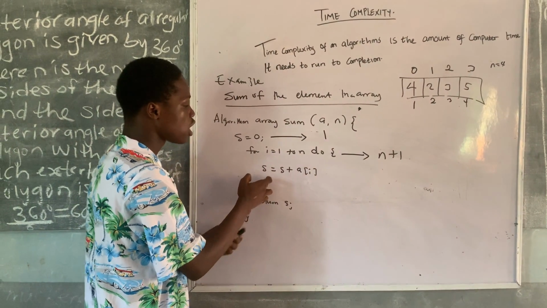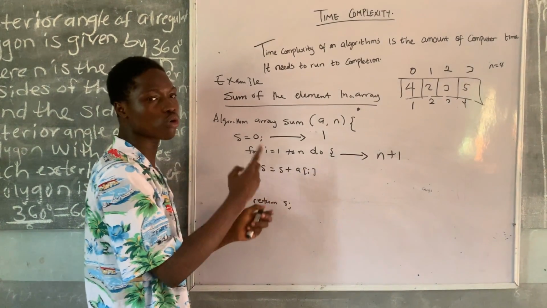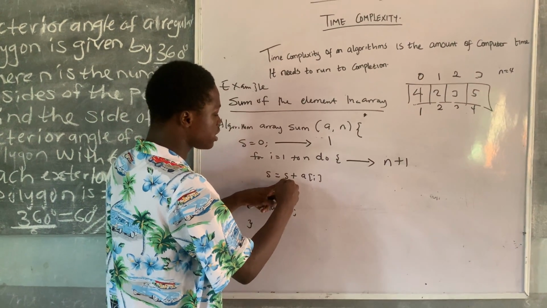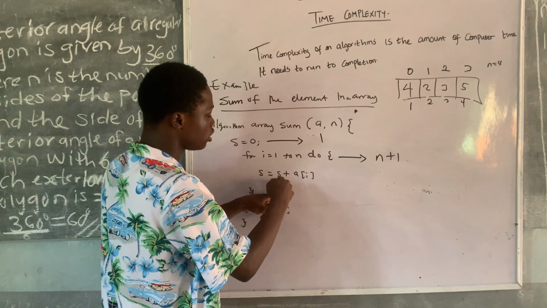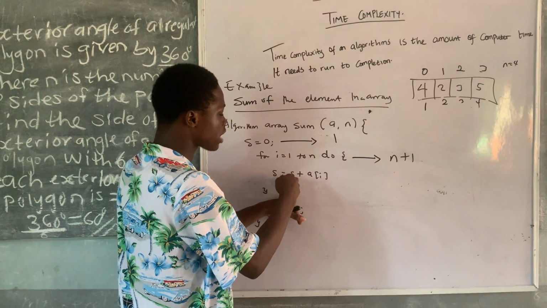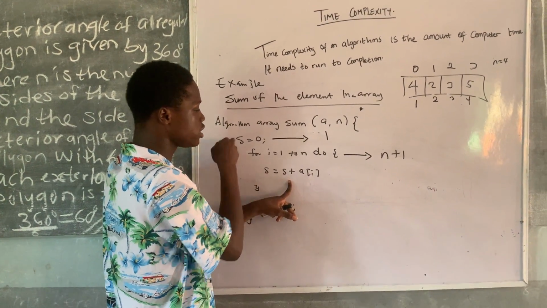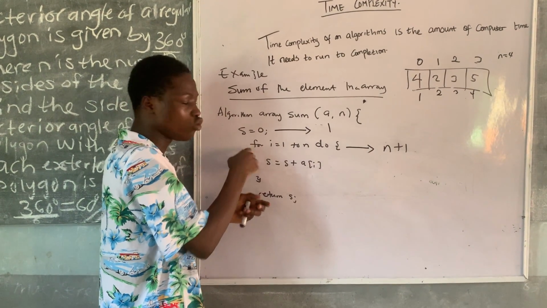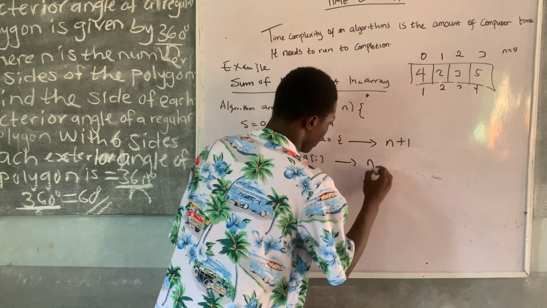Now for this one, how many times is it going to run? It's going to depend on the n of the for loop, so this one is going to take n.